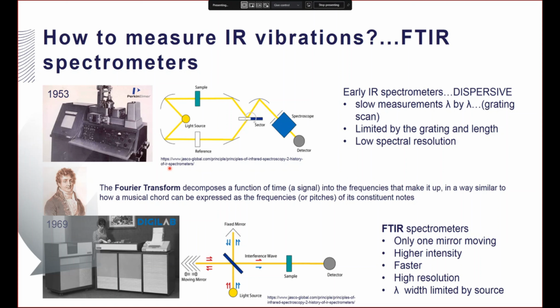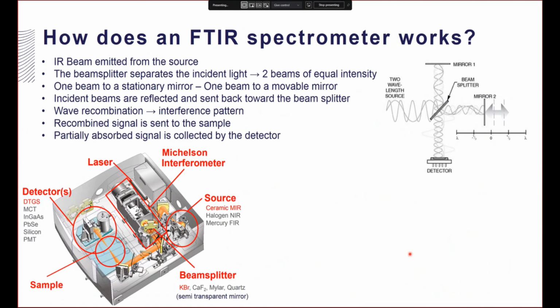In this setup, we have only one part that is moving in the instrument, so only one movable mirror. We have a higher intensity of the source. It is a faster way of doing this type of analysis. We obtain a higher resolution, and the range of wavelengths is limited only by the source.